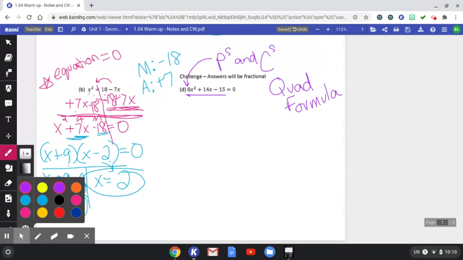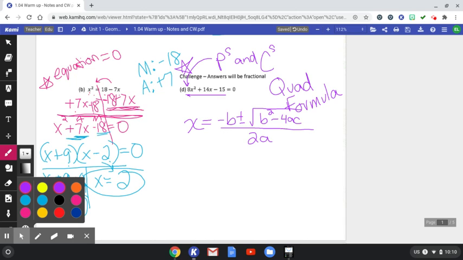So if you'd like a little extra credit and to try that, the quad formula, remember, reads x equals negative b plus or minus the square root of b squared minus 4ac all over 2a.